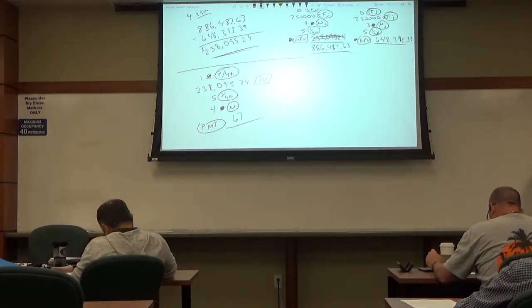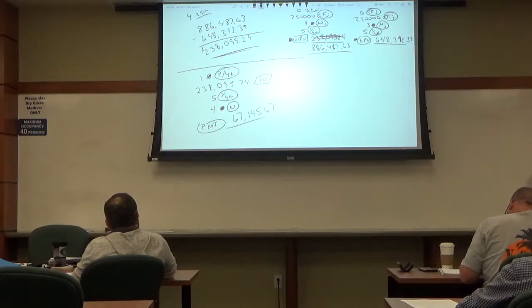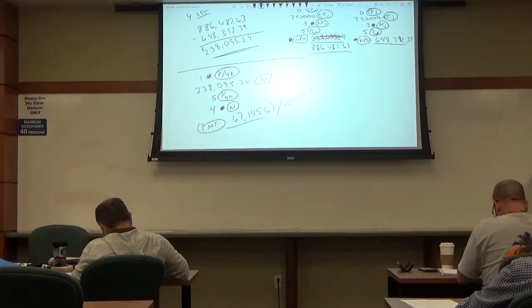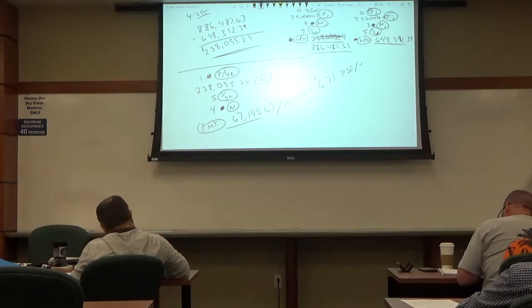So that would be 67,145.67. That would be the annual discount, but we want it per square foot. So we have to divide that by the number of square feet we said we had. So $6.71 per square foot per year.